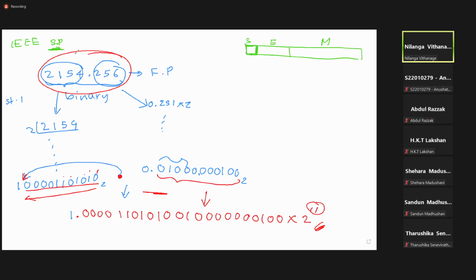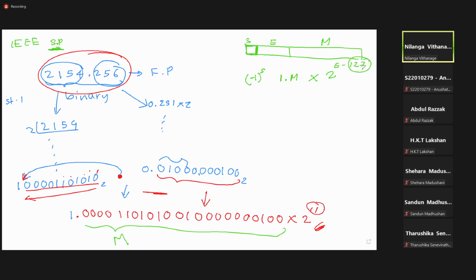So in IEEE single precision format, we represent this floating point number as: this is the sign bit, and then 1 point some number multiplied by 2 to the power e minus 127.